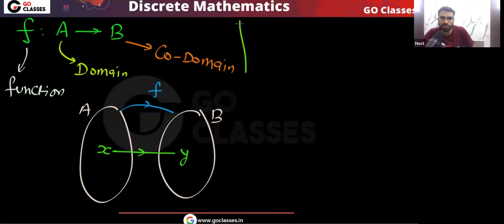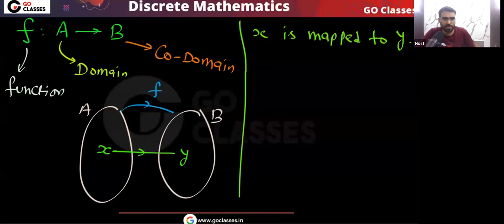In this situation we will say that the image of x is y. We will say that x is associated to y. I can say x is mapped to y. The same thing you can also say as: the image of x is y.